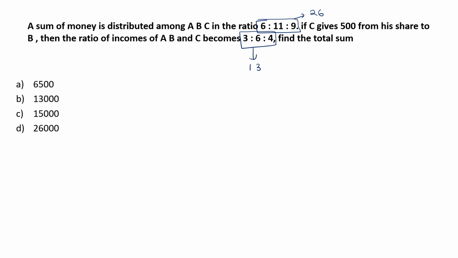When the sum of one ratio is 26, make the sum of the other ratio also 26. To do so, we need to multiply 13 with 2 to get 26. So we multiply each of the 3:6:4 with 2 to get an equal sum on both ratios. Okay, I hope you have understood what I have said.